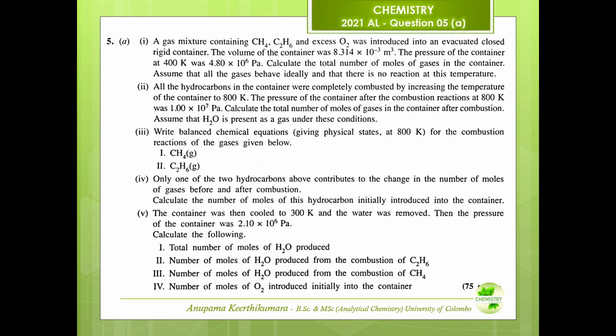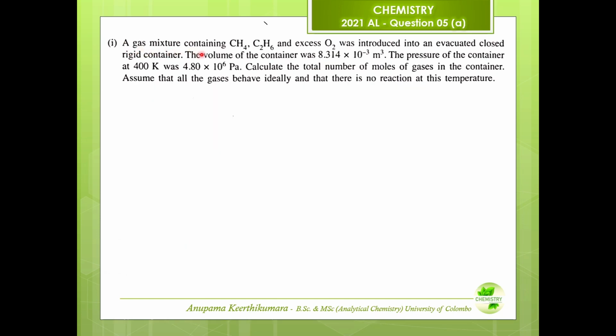Question number 1. A gas mixture containing CH4, C2H6 and excess O2 was introduced into an evacuated, closed, rigid container. The volume of the container was 8.314 × 10^-3 cubic meters.